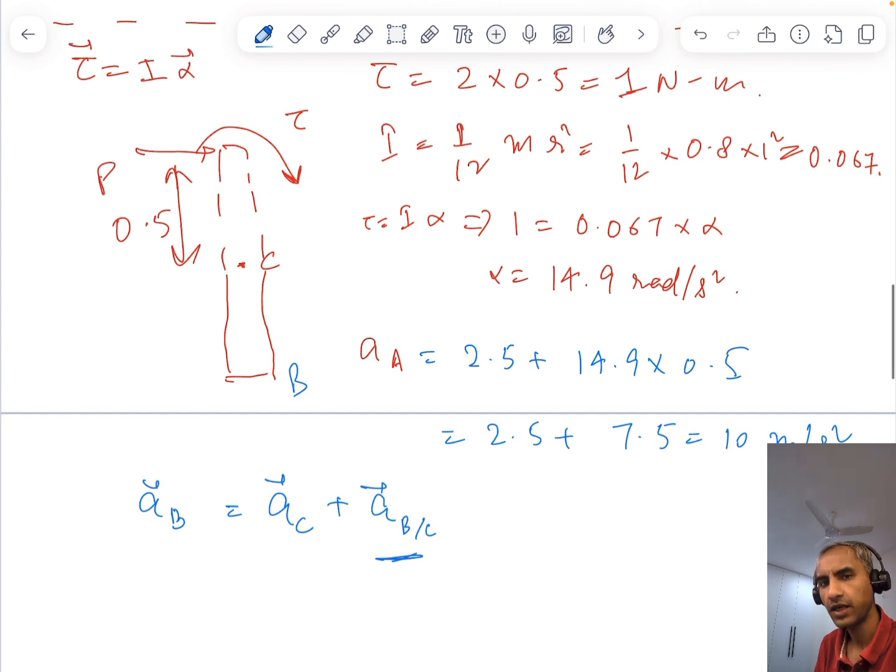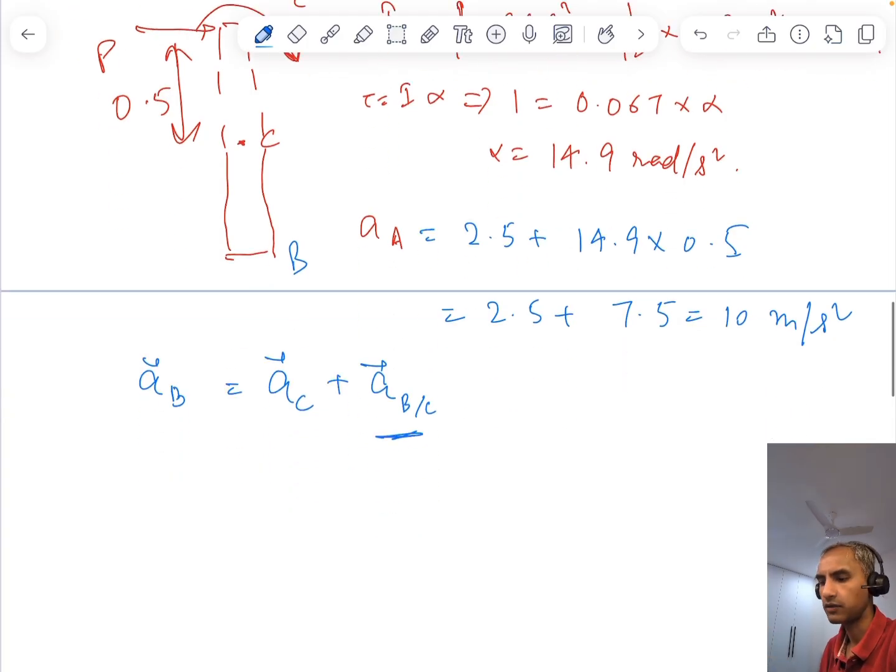Because B is undergoing pure rotation about C, we would have a centripetal acceleration omega square r from B towards C pointing inwards, and a tangential acceleration equal to alpha r. Of course, the former, the centripetal acceleration omega square r, would be 0 because omega is 0, because this motion is just about starting.